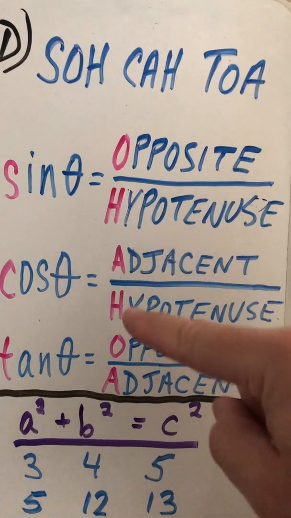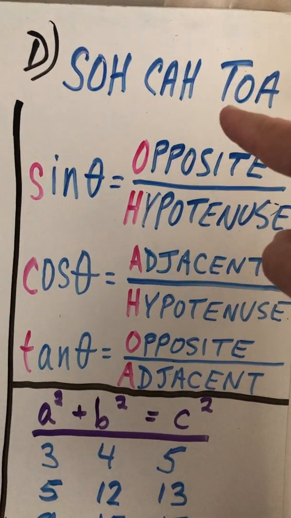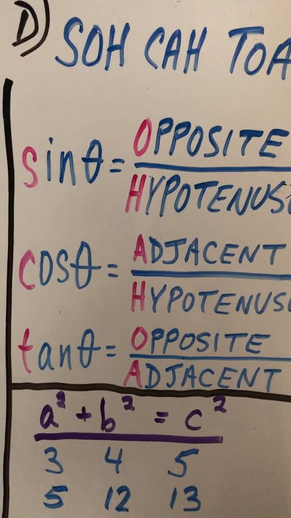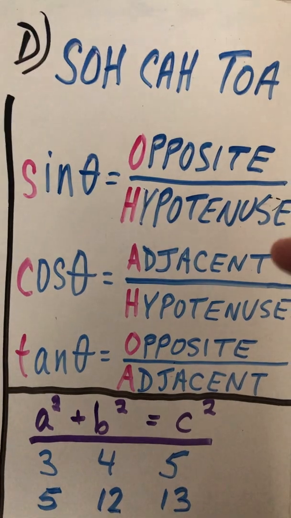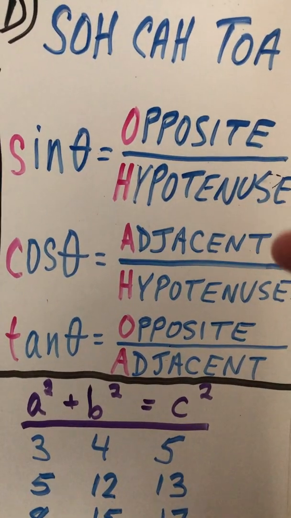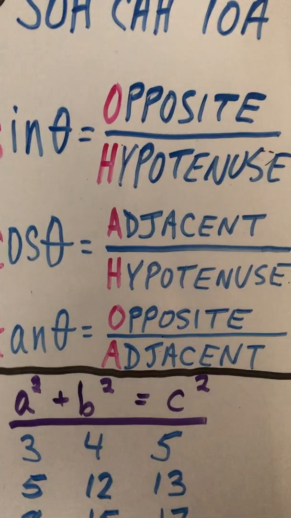Cosine is adjacent over hypotenuse. Tan, T, toa, is opposite over adjacent. So we say Sohcahtoa to know that sine is opposite over hypotenuse, cosine is adjacent over hypotenuse, tan is opposite over adjacent.